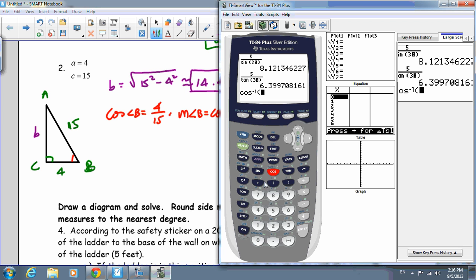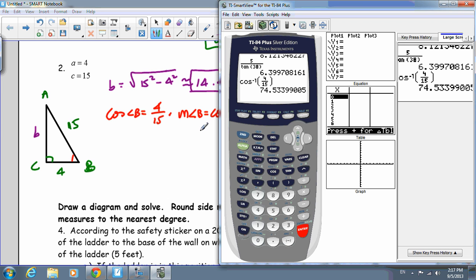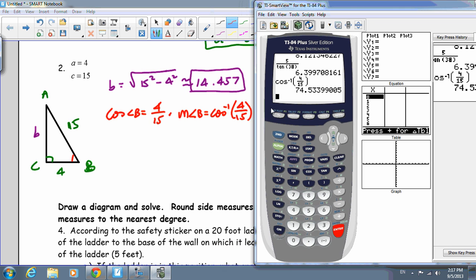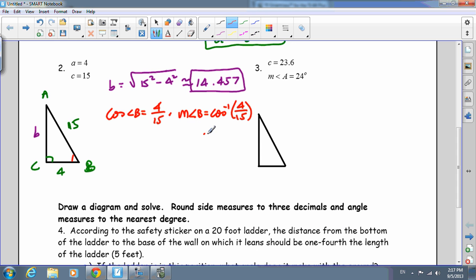All I need to do is cosine inverse of 4/15, and the answer seems to be 74.534. But since it's a degree value, we round to the nearest degree, so instead of 74.534, I will say 75. So this is approximately equal to 75 degrees as the measure of angle B.